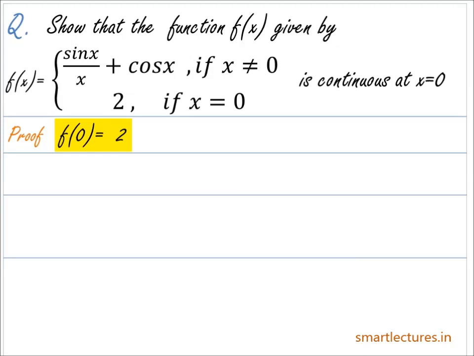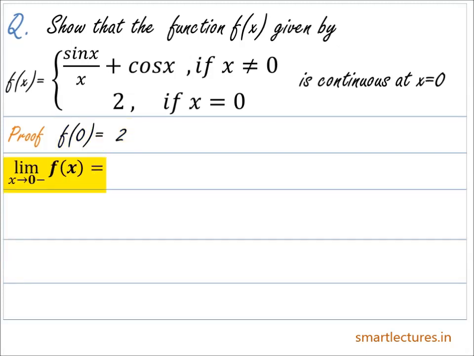Now let's find the limit of this function at x equal to 0, and for that let's first find the left hand limit. Now left hand limit at x equal to 0 is equal to limit x approaches 0 from the left hand side f of x.